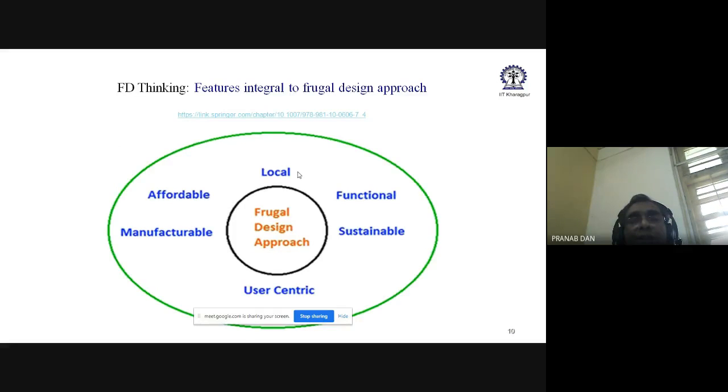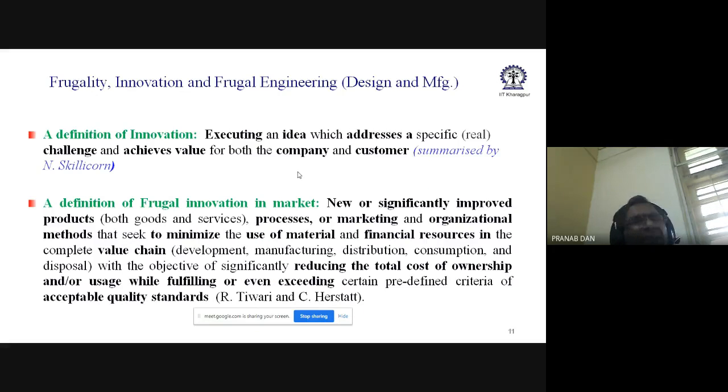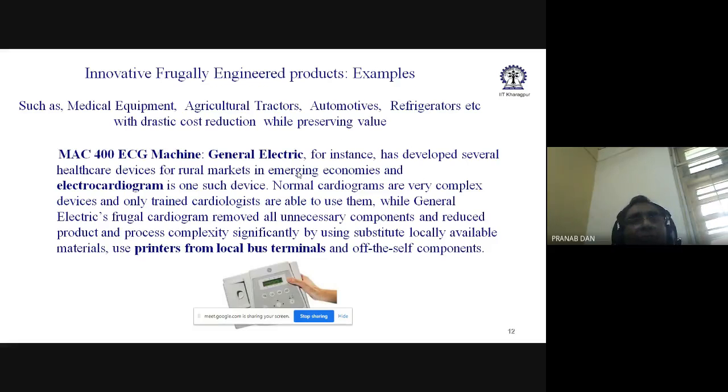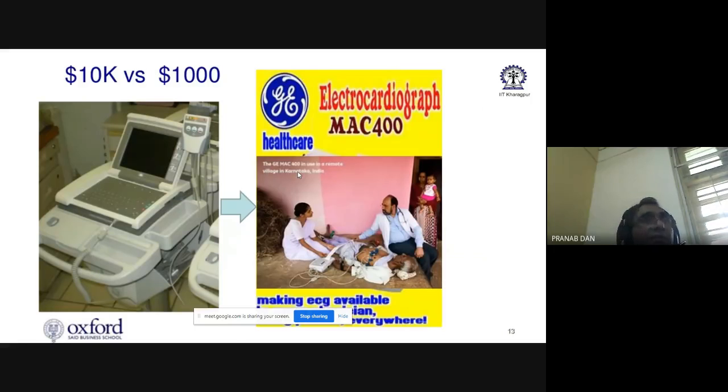Okay, the definition I would skip just now. Yeah, that is the example I was talking about. This is the example of the Mac 400 ECG machine. Go to the next slide, then I will show you that it costs one tenth of the price. The full-fledged equipment that was originally developed now costs $10,000, vis-a-vis the one on the right.